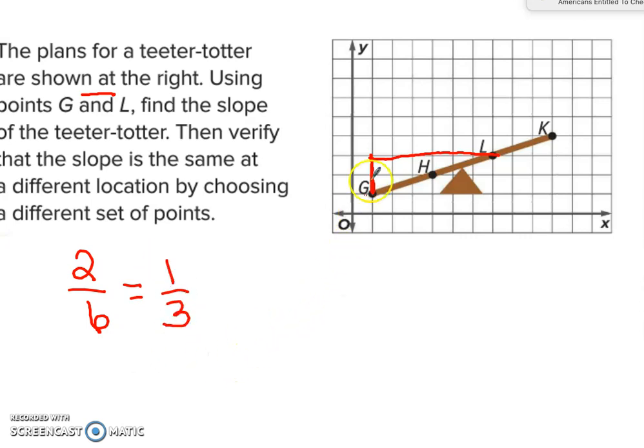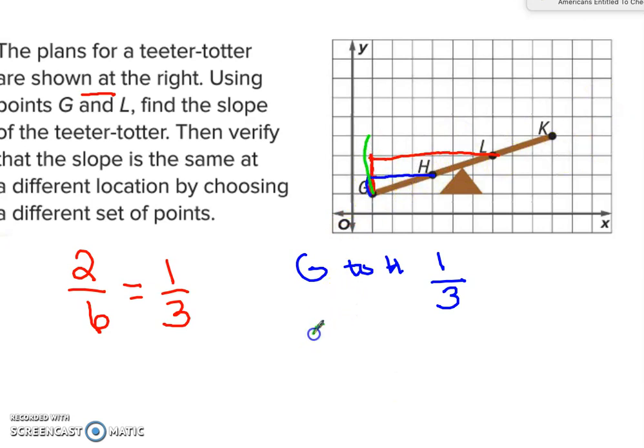Now I'm going to go, let's do a different color. Let's go G to H. So G to H, the rise is 1 and the run is 1, 2, 3. And then let's do, how about the biggest one?